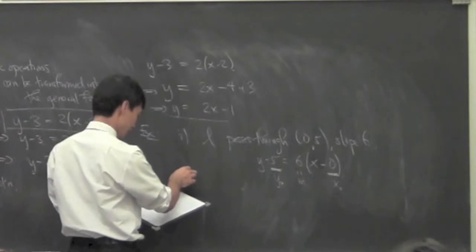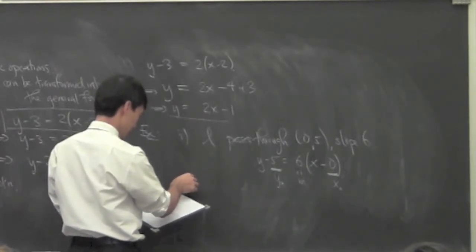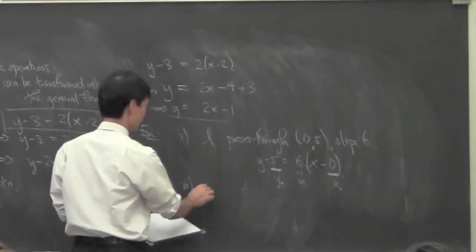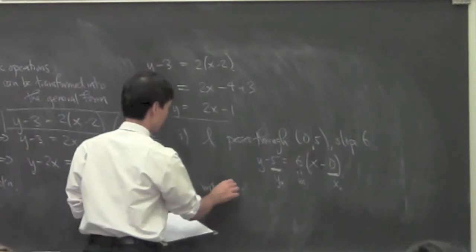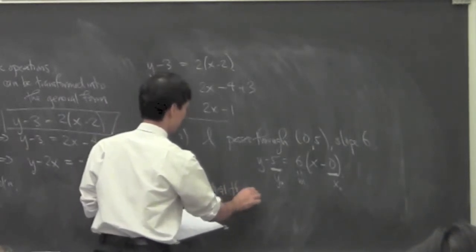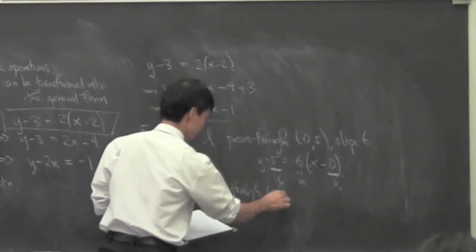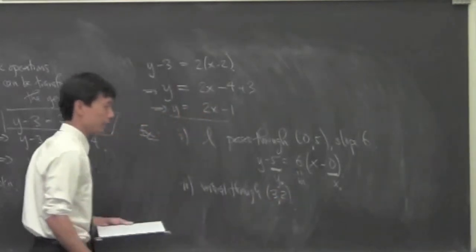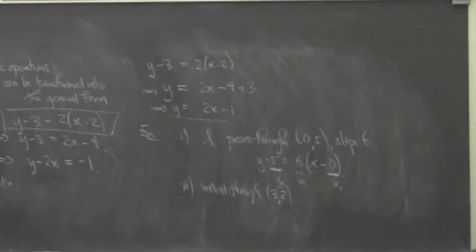If somebody says the line is vertical and it passes through 3, 2, how do you write down the line?